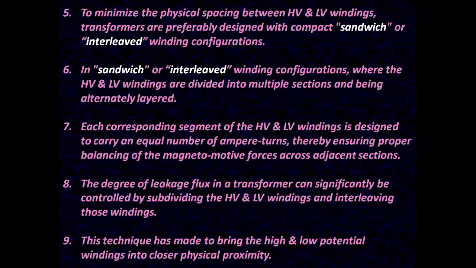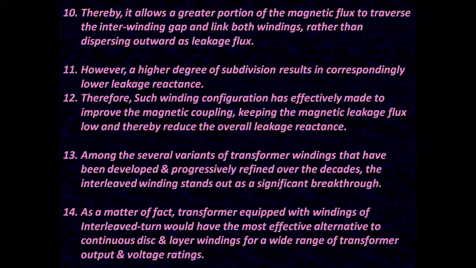This technique brings the high and low potential windings into closer physical proximity. Number 10, thereby allowing a greater portion of the magnetic flux to traverse the interwinding gap and link both windings rather than dispersing outward as leakage flux.